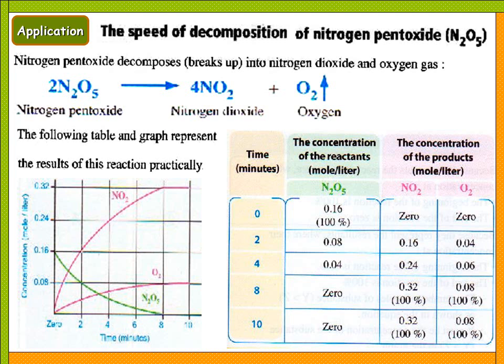At the start the concentration of product NO2 will be the main product, and the side product will be oxygen. So the main product with the high amount will be nitrogen dioxide, and the lesser amount will be oxygen, this line. Okay, let's continue.